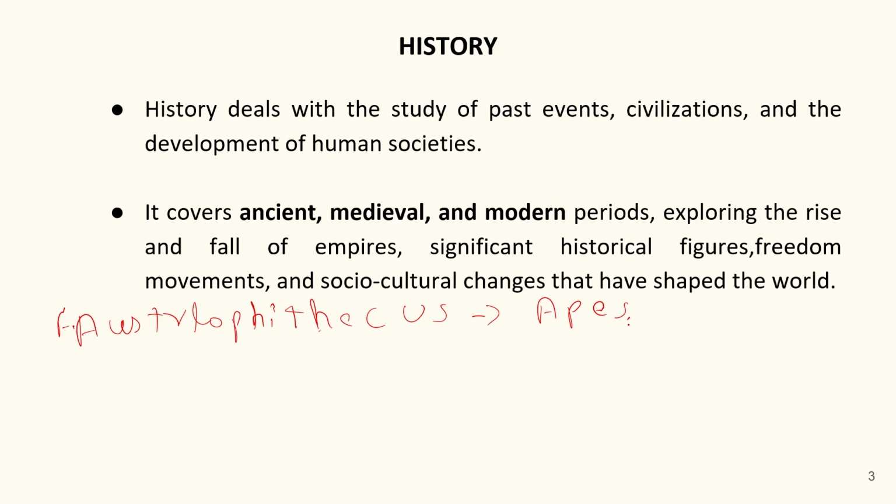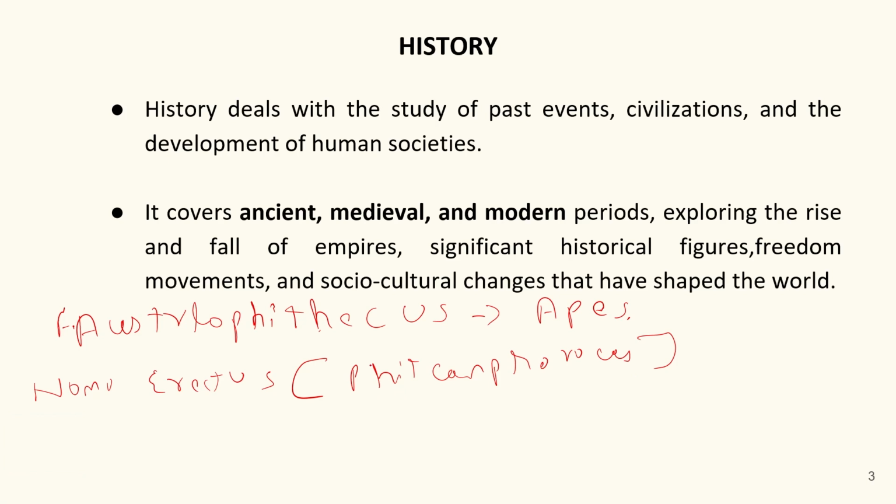You can see that they were monkey or chimpanzee-type animals. Got it? And after Australopithecus, we came to Homo erectus, or you can say Pithecanthropus. These are the things we have to study if we are going to study human evolution.